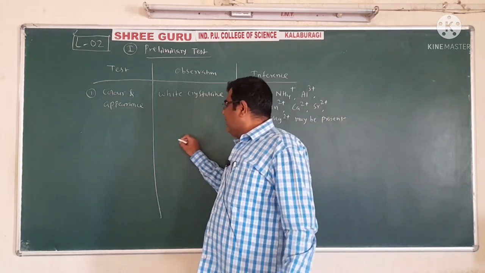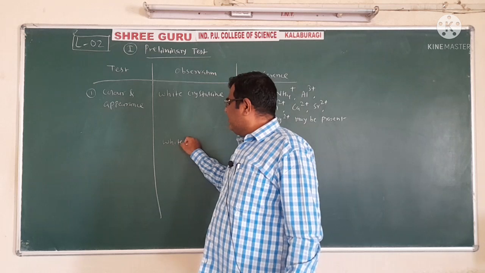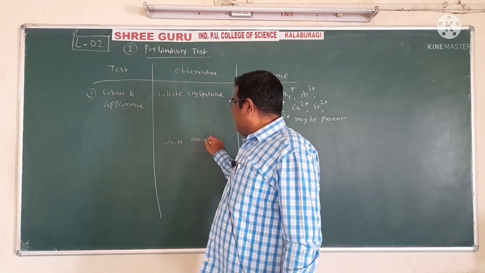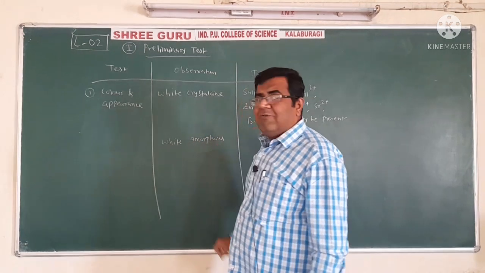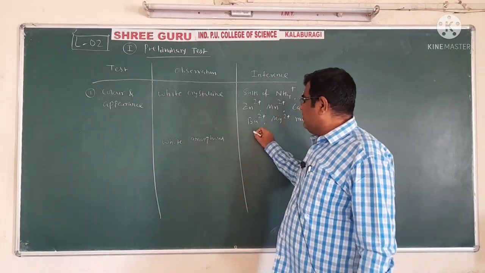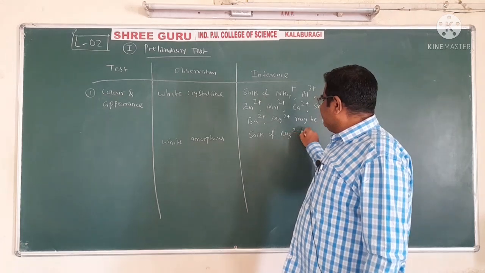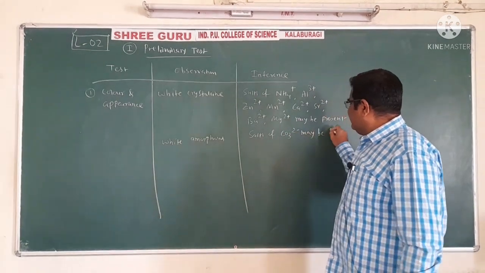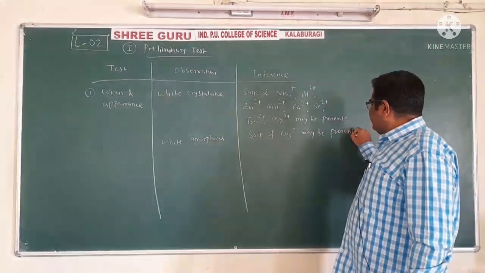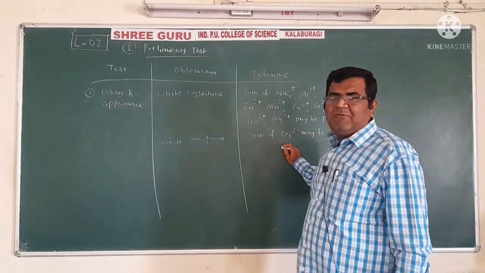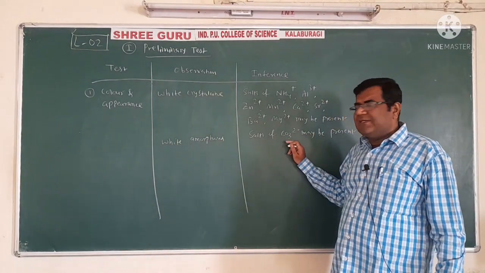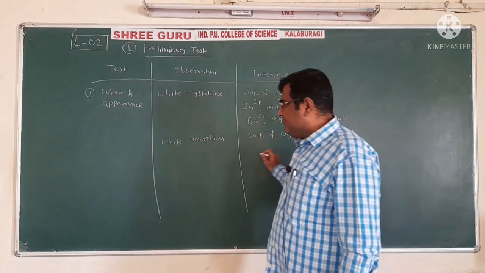crystalline. Another possibility, maybe it is white amorphous. When it is white amorphous, we have to say that salts of carbonate may be present. May contain carbonate. One acidic radical, group number 1 acidic radical may be present in it.